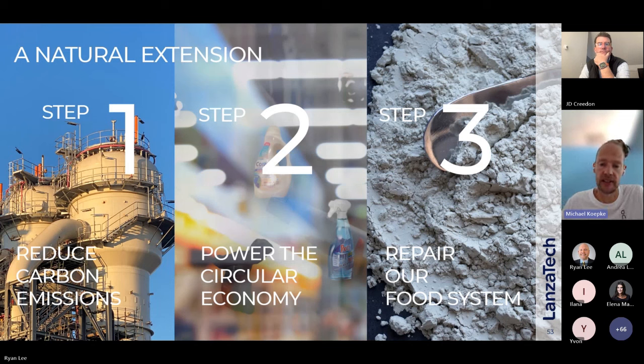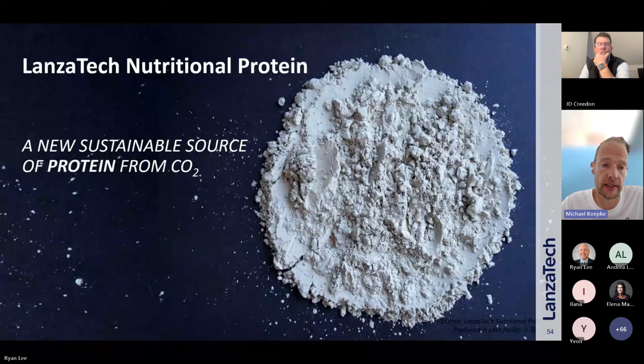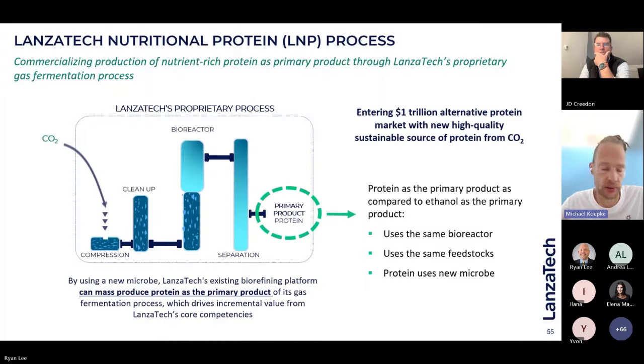We're also now looking at our food system. If you go on one slide, the biomass we can produce in the fermentation can be a sustainable source of protein. In our traditional process, the protein is already used as animal feed. But now we've developed a new microbe that just makes protein from CO2.